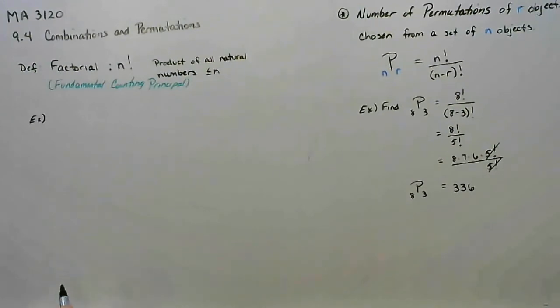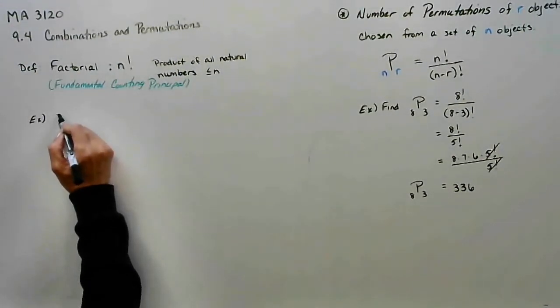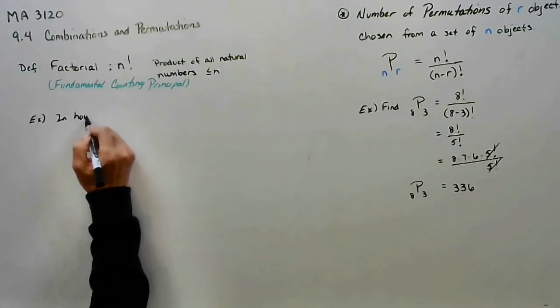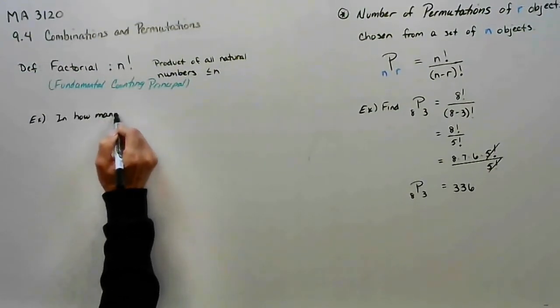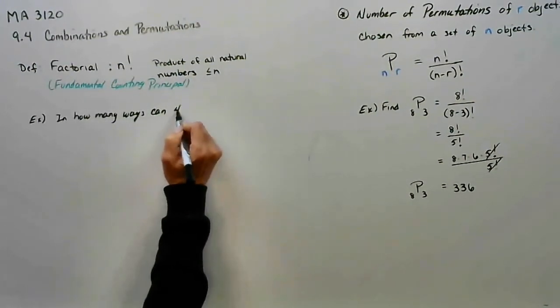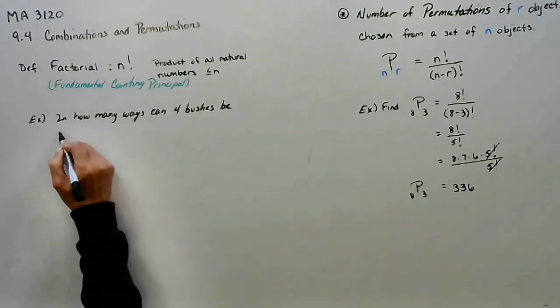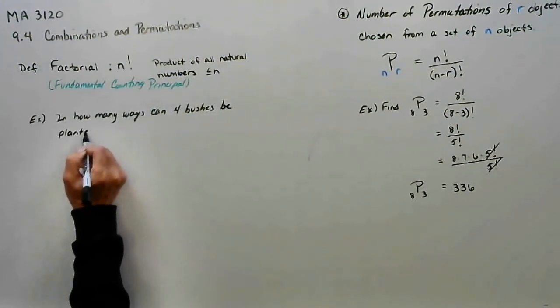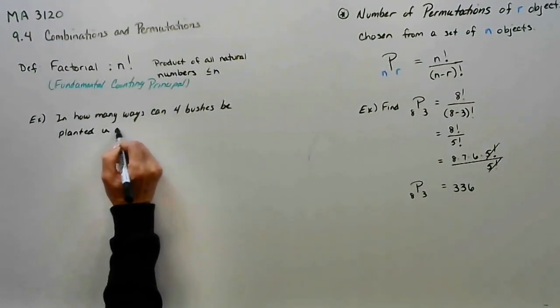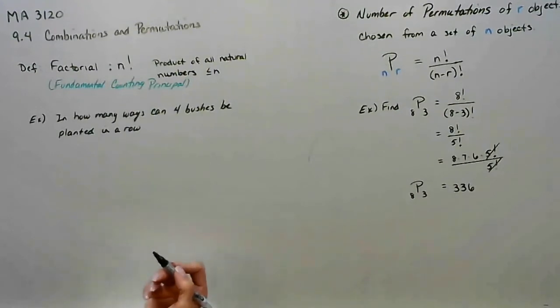How many ways can 4 bushes be planted in a row given 7 plants to choose from?